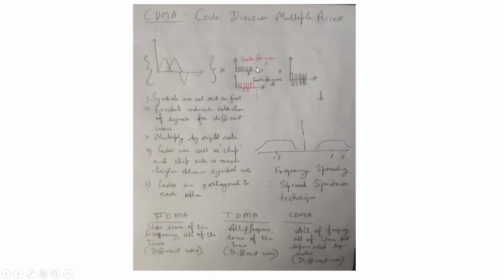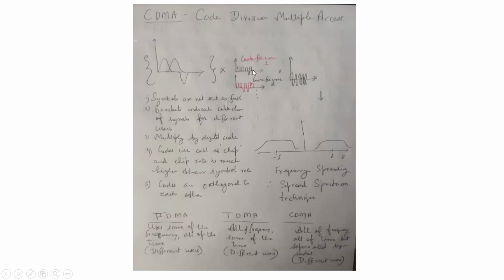The users' data will be multiplied with different codes, and multiplied by a single carrier frequency. You will be using one carrier frequency to multiply the bit stream, but certain codes are embedded into the multiplication of the carrier and the data.